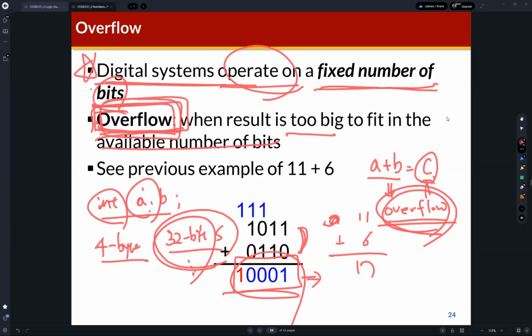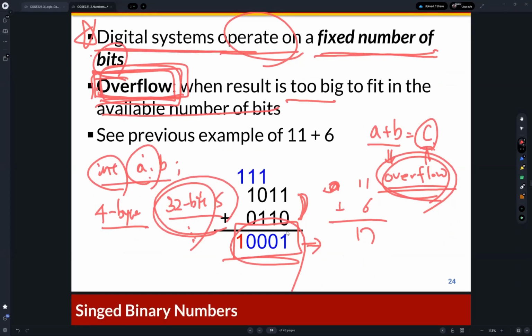So when we perform the binary arithmetic, then we need to consider overflow or underflow. So actually, usually it is called overflow. So overflow means that the result of the binary arithmetic cannot be represented using the fixed number of bits, the same number of the input, for the result output. Okay, so this is the example.